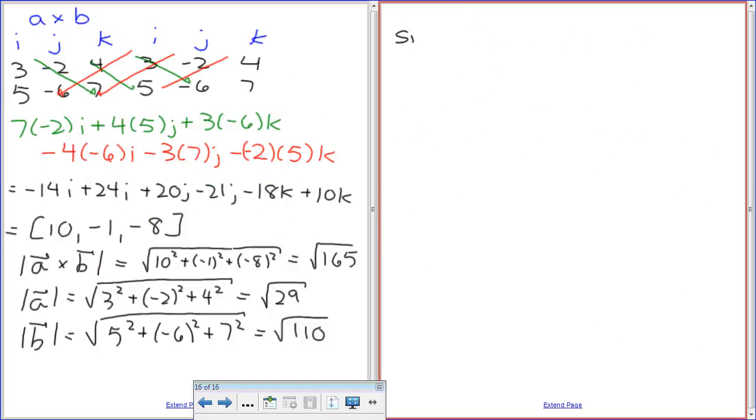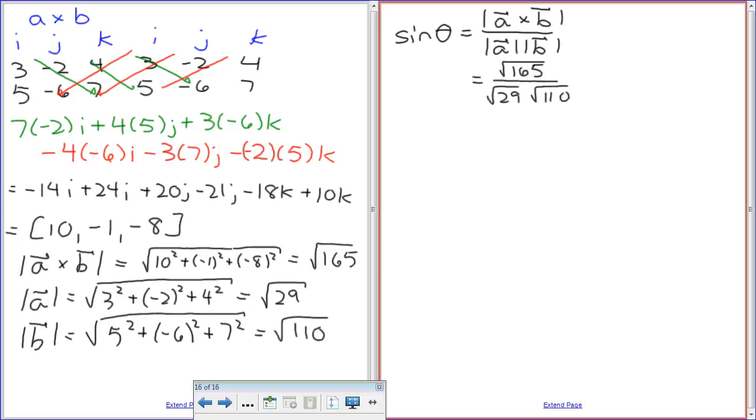Therefore, sine of theta equals magnitude of A cross B over magnitude A, magnitude B, equals root 165 over root 29, root 110.